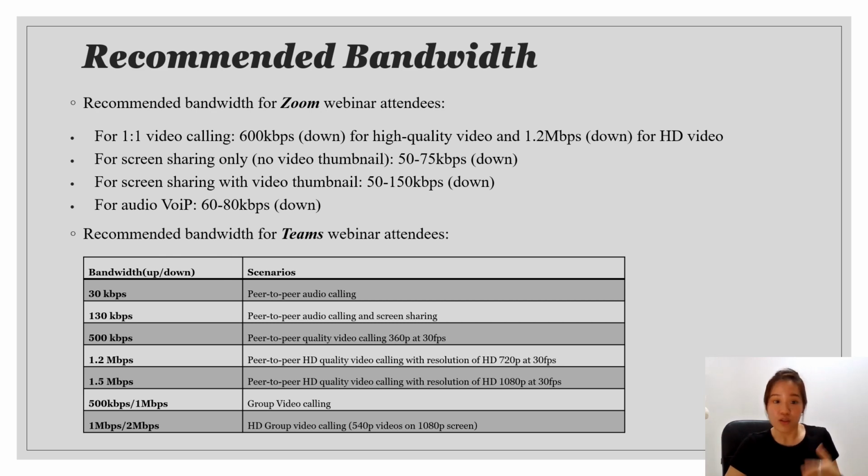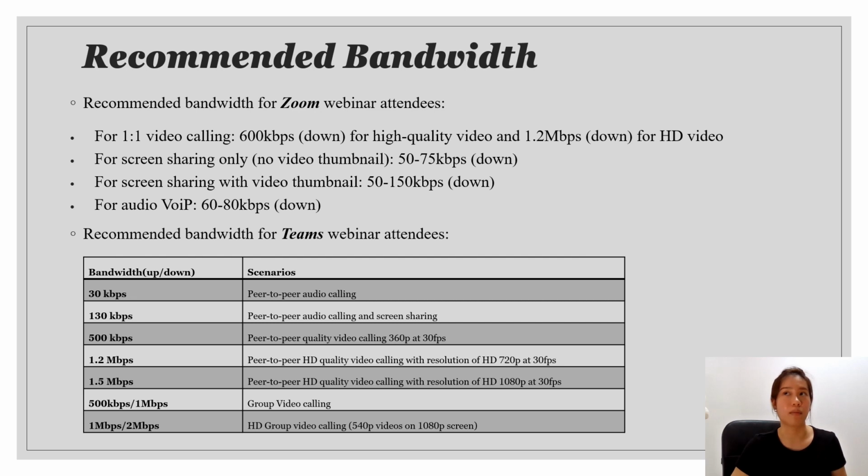And if we were to have video conferencing with HQ quality, it needs up to 600 kilobytes per second. So with Teams, it only needs 30 kilobytes per second for audio calling, while 130 kilobytes per second for screen sharing and audio calling.